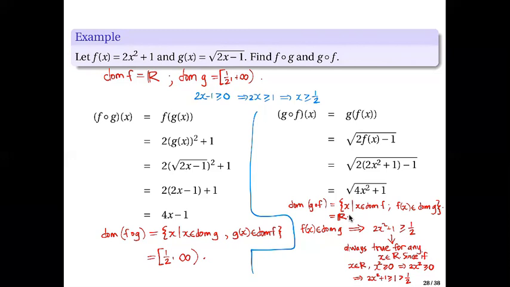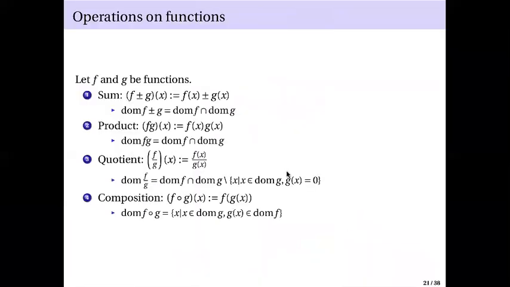So let's go back to that slide. So this guy here. Sum, you have the plus and minus. The domain of the sum is the intersection of the domains. You have the product; the domain of the product is the intersection of the domains. For the quotient, there's an additional condition.